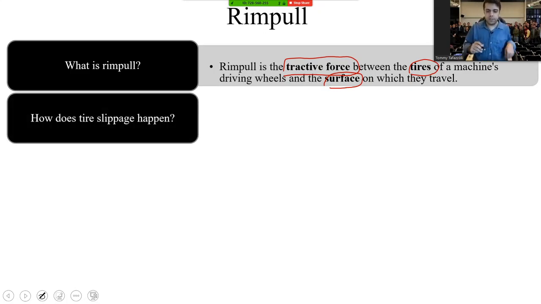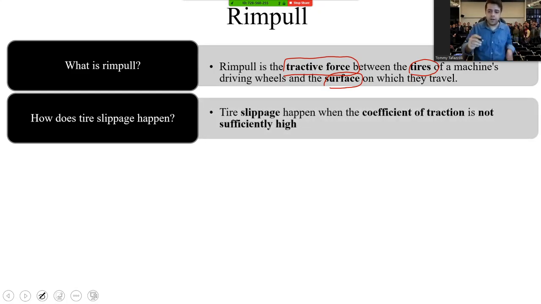So how does tire slippage happen? Sometimes, as you've seen, the vehicle wants to move, but there is a slippage. I mean, the tire rotates in its place without making the car move. That happens because the coefficient of traction is too low.